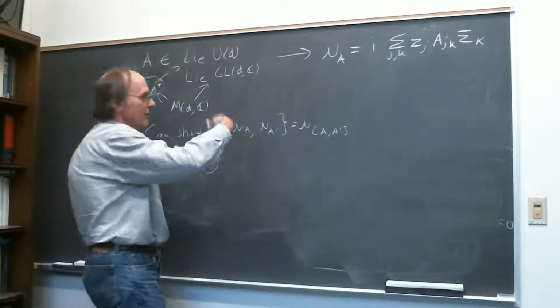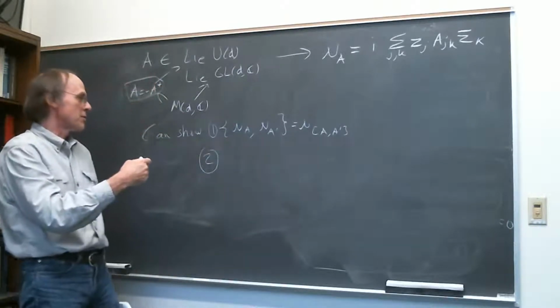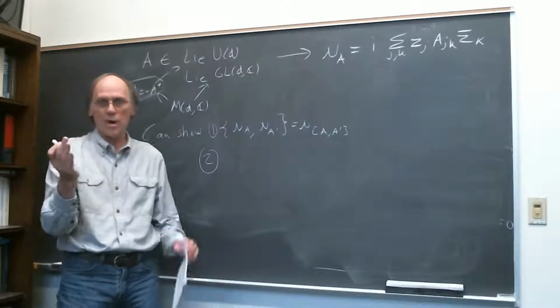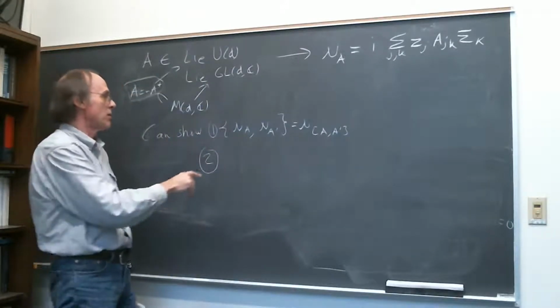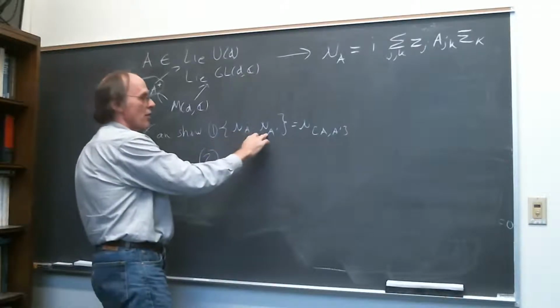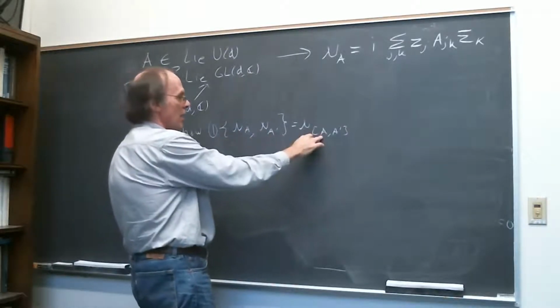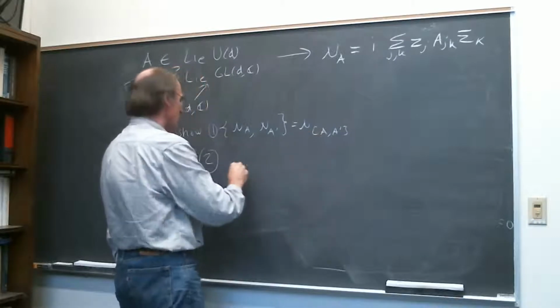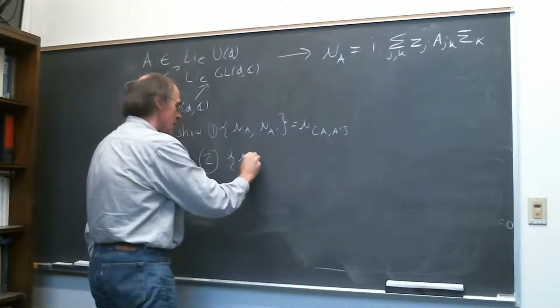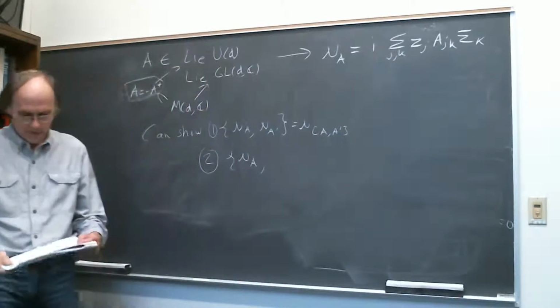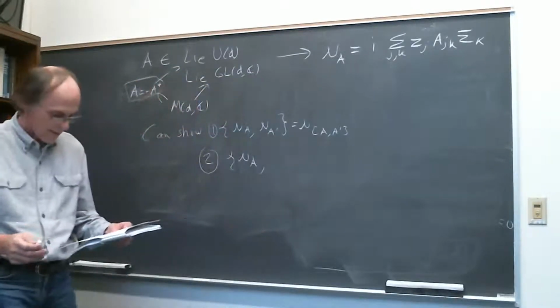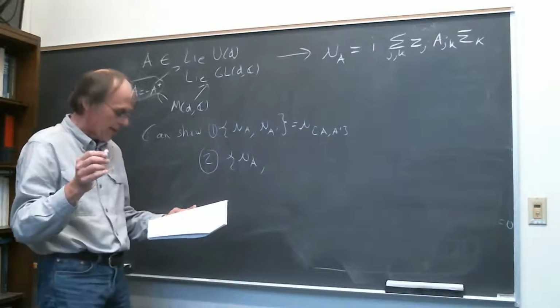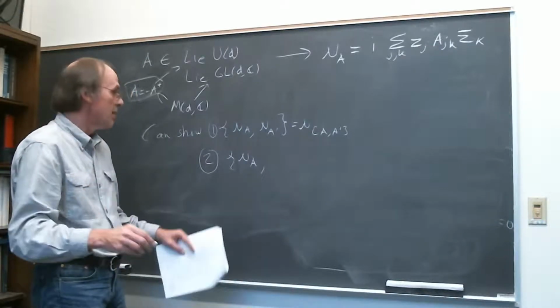At the level of Lie algebras, you have not just quadratic, but also linear, which is going to be something linear.